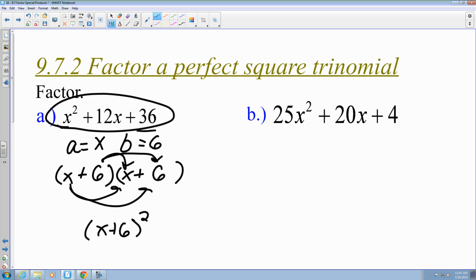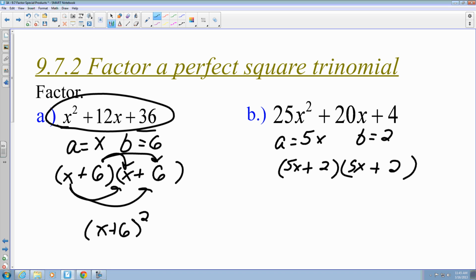For B, my A is going to equal 5x, and my B is going to equal 2. So I know that they're going to be the same thing, both going to be pluses. So I'm going to write 5x plus 2 and 5x plus 2. And if I were to FOIL that out, I would get the exact same thing. If I didn't, then it wouldn't be a perfect square trinomial. And then I can rewrite this as 5x plus 2 quantity squared.